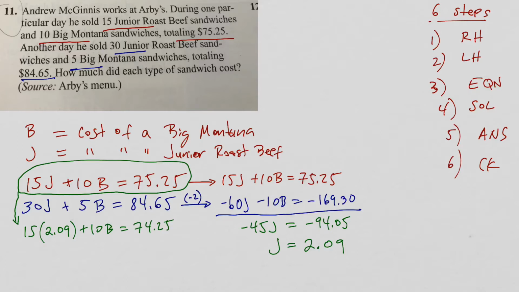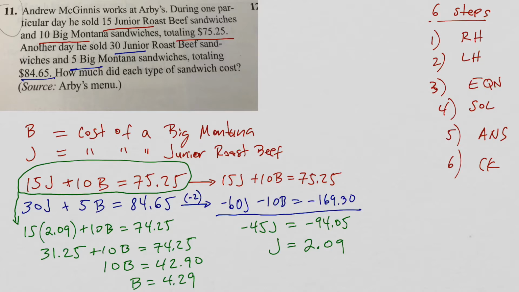Well, 15 times 2.09 is 31.35 plus 10B equals 74.25. So I subtract and I get 10B is equal to 42.90. So B must be equal to 4.29. So now I found them both.